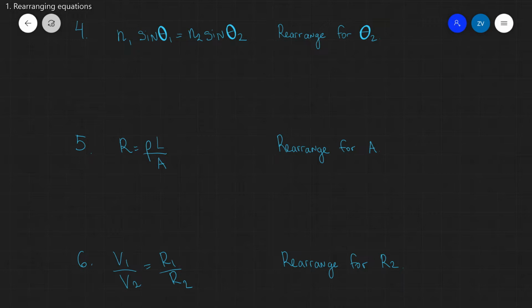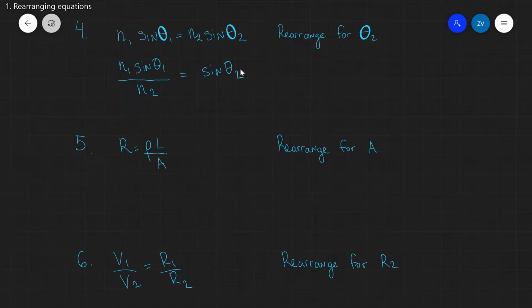What I'm going to do is divide both sides by n2. So n1 sine theta 1 divided by n2 will be equal to n2 sine theta 2 divided by n2, but the n2's are going to cancel out, so what I'm left with is just sine theta 2. Now my final step would be just to rearrange for the actual angle.